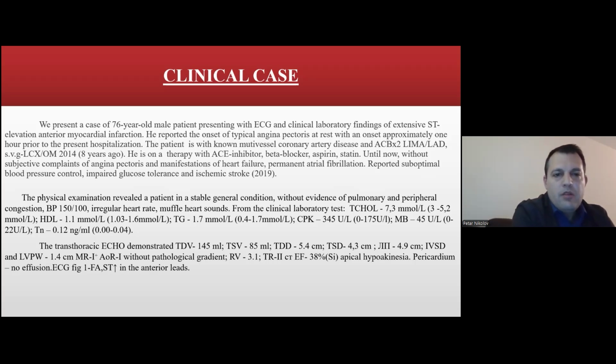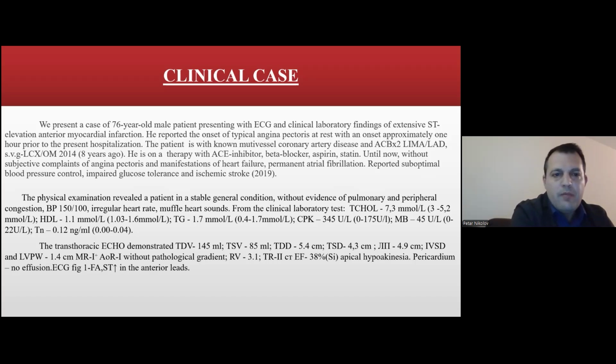The transthoracic echocardiographic examination demonstrated increased volumes. The end-diastolic volume was 145 and end-systolic volume 85.